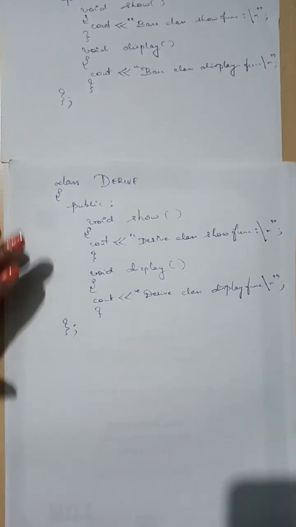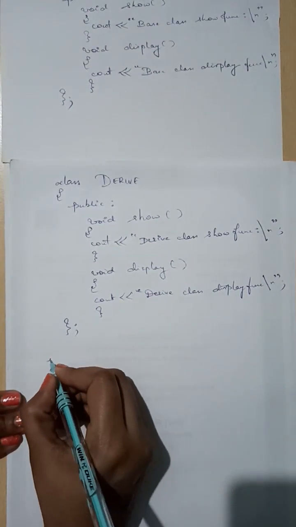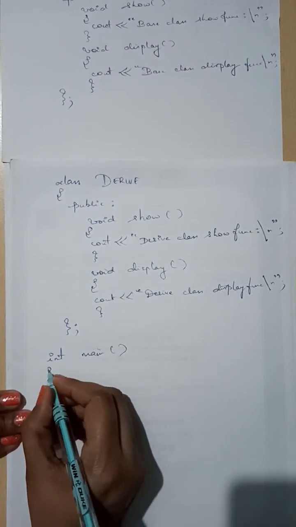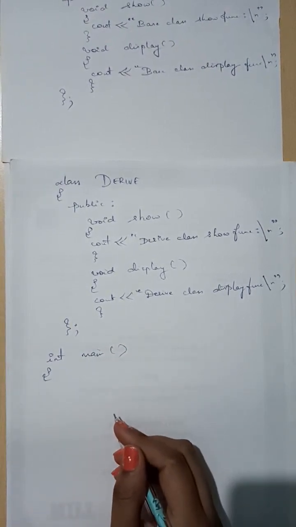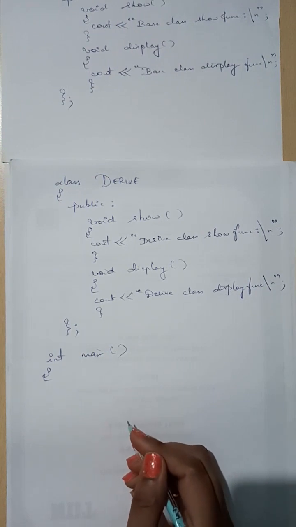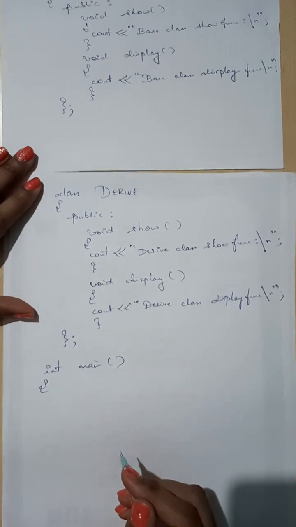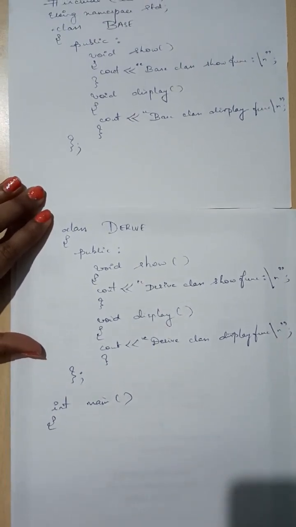So now I am defining the main function, int main. So within the main I will create the object for both the classes, for the derived class as well as base class.